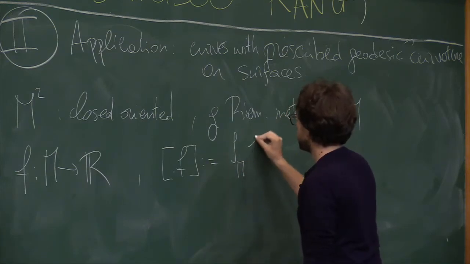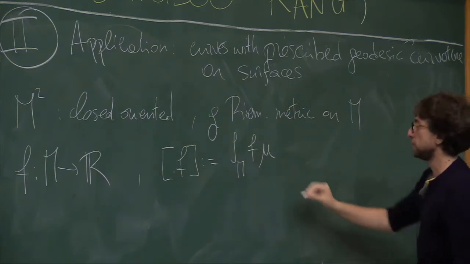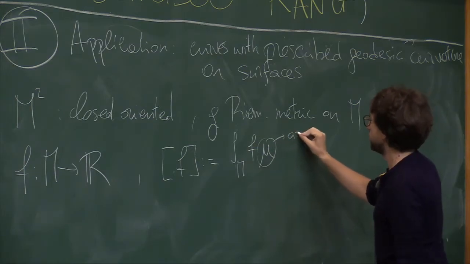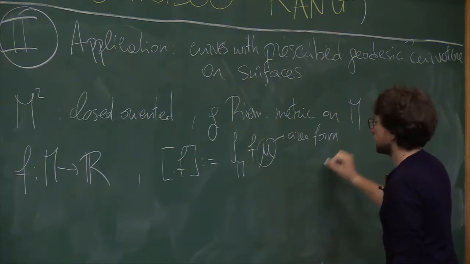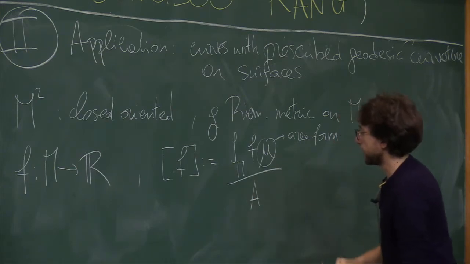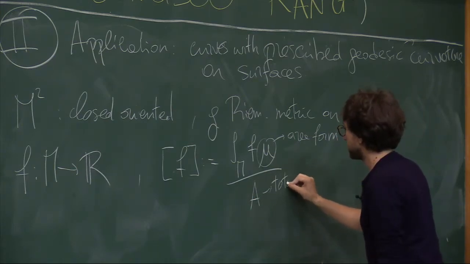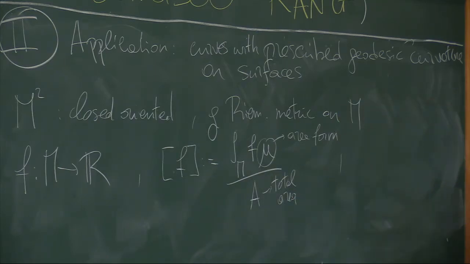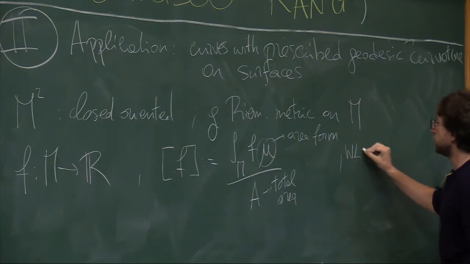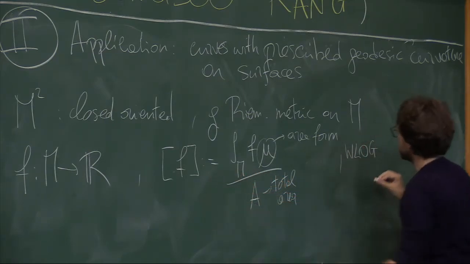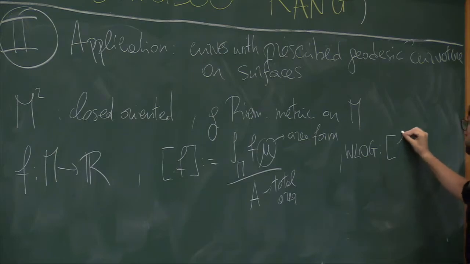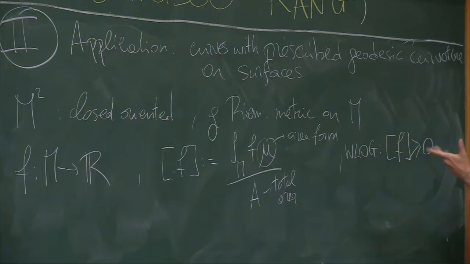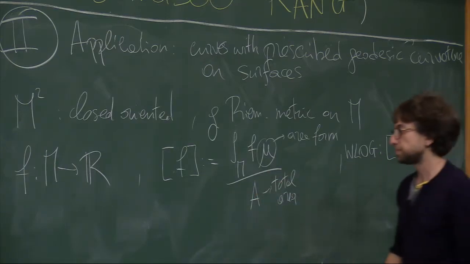So I take f, and I integrate it over the manifold against this area form, and I just divide by the area A. This is the total area. Okay? And then for what I'm telling you now, we assume that this number here is non-negative. Otherwise, we have to use a bit more complicated notation, but then just stick with this case. So up to changing the sign of f, we can always have that this is the case.